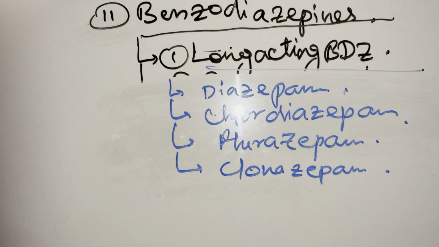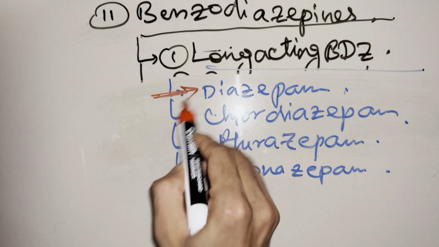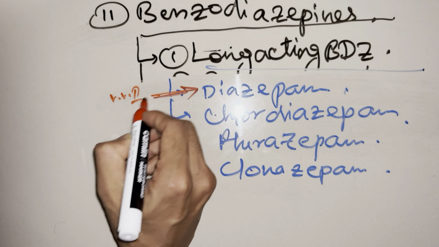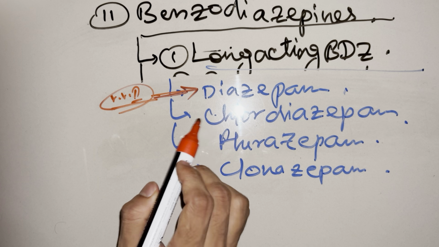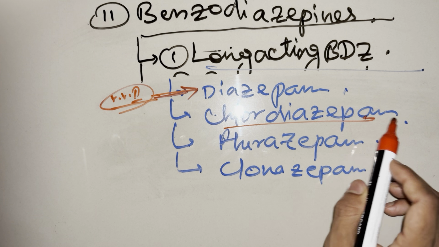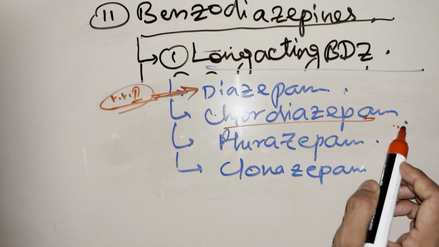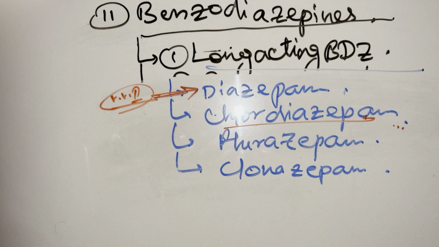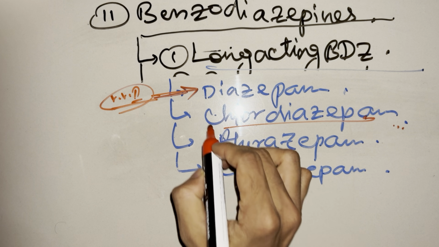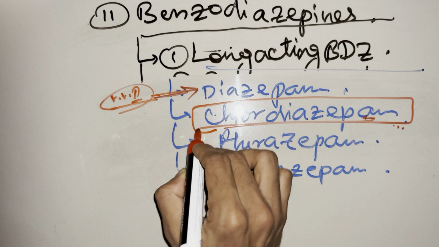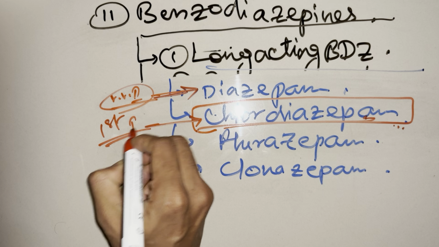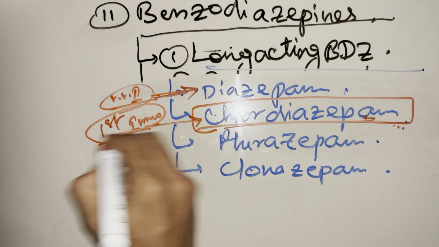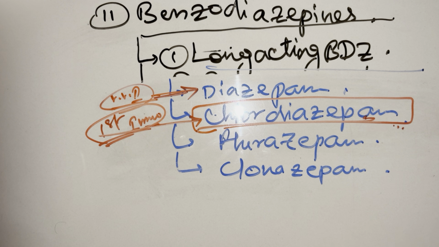Next, you have to remember that diazepam is most important. That is very important from the point of view of the GPAT exam. Next, chlordiazepoxide is an innovative, drug designed molecule. That is artificial, so you can say it is the first innovative drug designed molecule.